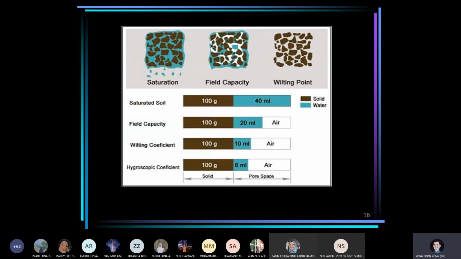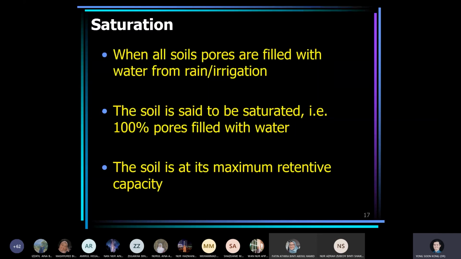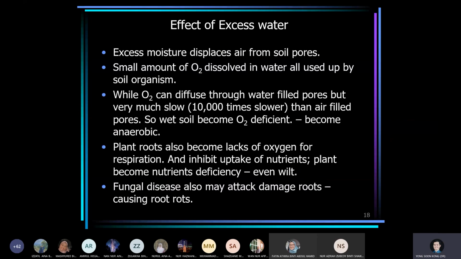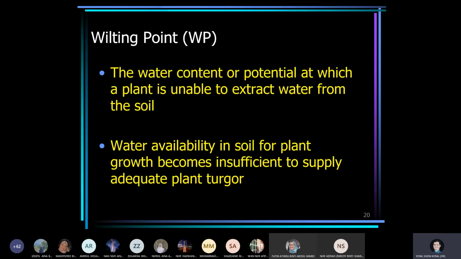Okay, so I'm probably going to give a few, maybe two, questions based on this because this is too easy. I will let you score, but you would have to understand how it works. The whole thing about water content and the conditions is all described in this diagram. Now these are the descriptions about saturation, excess water, field capacity, wilting point.